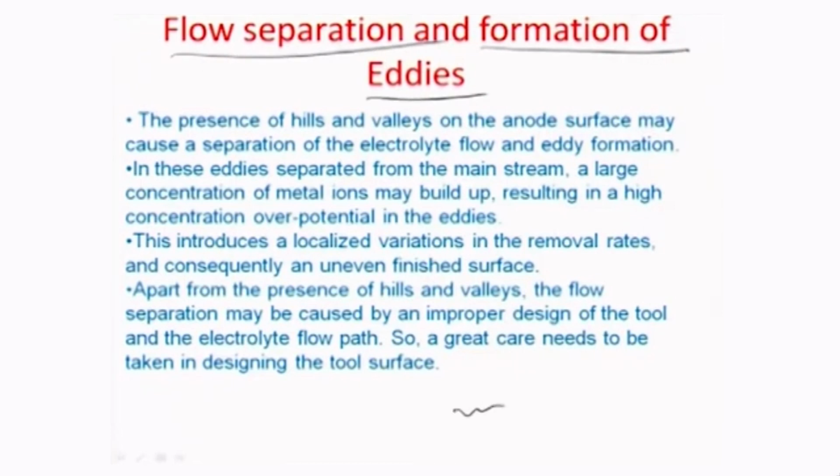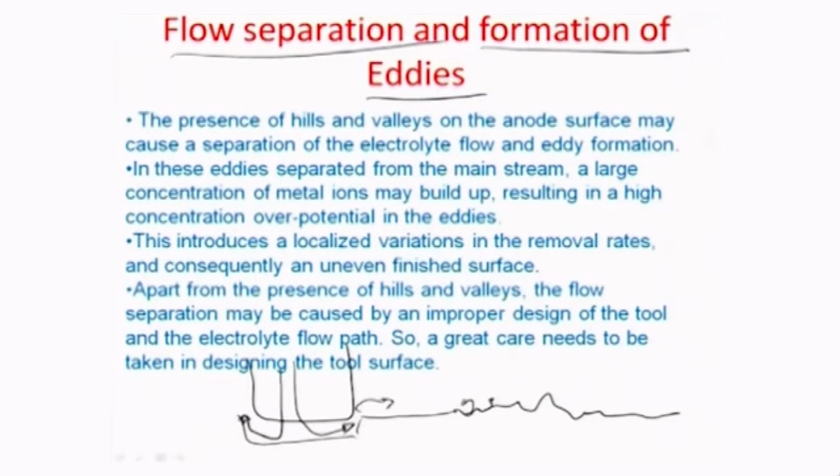Supposing there is a rough surface which has been created because of the selective dissolution of the field due to an electrochemical tool, it is always proper to assume that there may be a case of local circulation, particularly when the electrolyte is flown in both the directions like this. So, the electrolyte flows over the surface, and there are these cases of local circulations which would exist over such crevices and corners, meaning thereby that there are these eddies and vortices which are created close to these corners because of the surface perturbations, as the surface is no longer a plane surface.